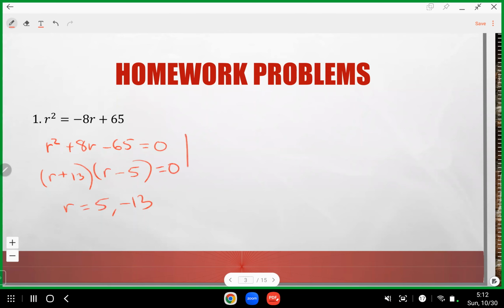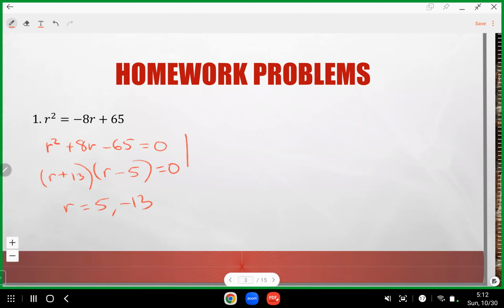So let's try to do it some other way. All right, let's say that we're back here. We've moved everything to the other side. What are some other methods? We can use completing the square. So let's try that. It's going to be plus 16, right?